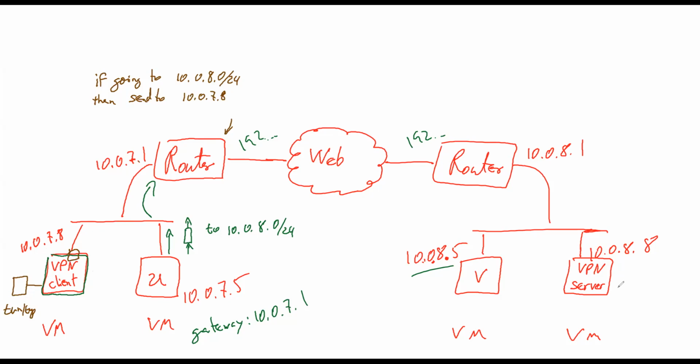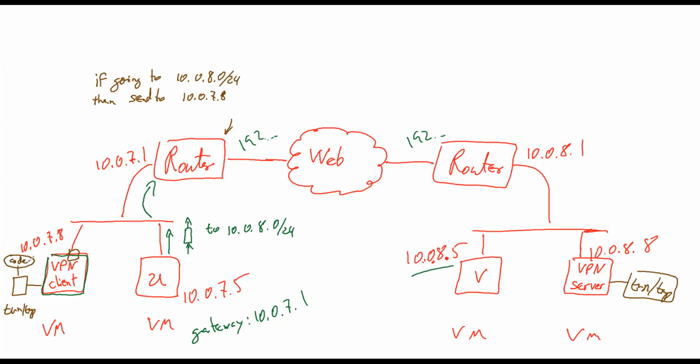Very much like the VPN server also has a TUN/TAP interface. Why is this important? It's important because remember that the VPN client is a VM, but to be able to do all the VPN functionality, it needs to have a VPN application, and the VPN application will be listening on the TUN/TAP network. So let's say this is the code.